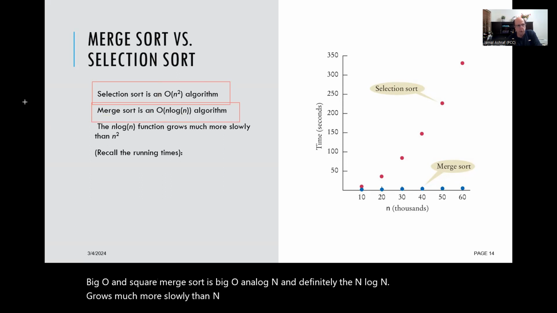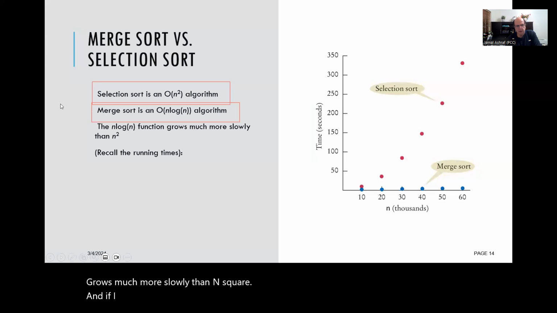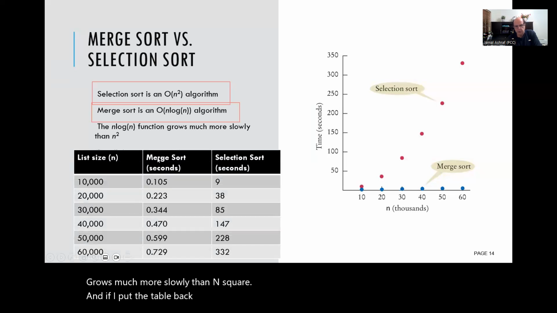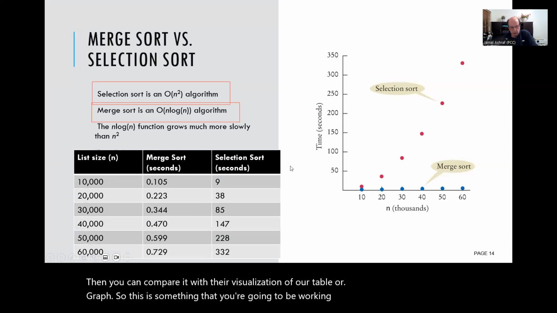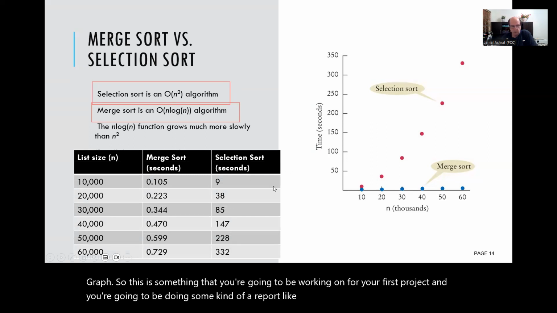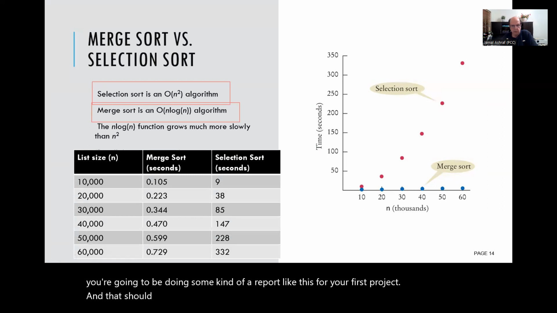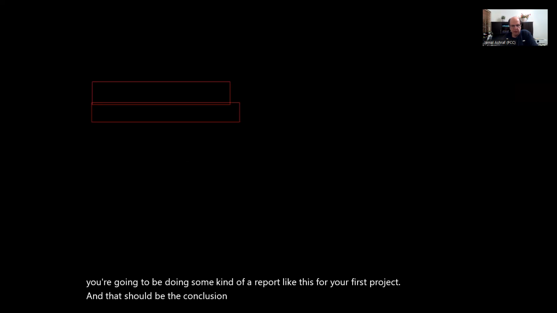If I put the table back here, you can compare it with the visualization of our table and our graph. This is something that you're going to be working on for your first project, and you're going to be doing some kind of a report like this for your first project. And that should be the conclusion of our sort algorithms.